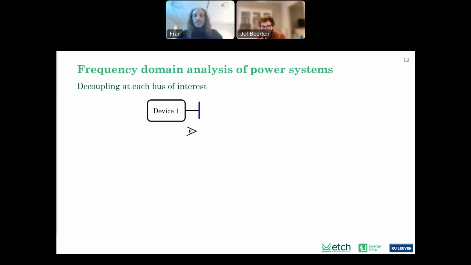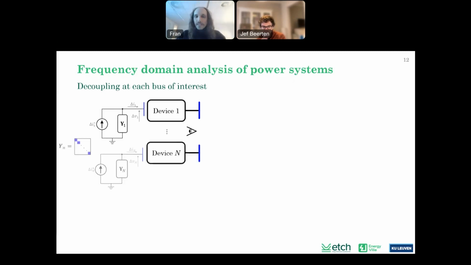And this perturbation is applied after the system is decoupled from the rest of the subsystems. So you can imagine that we are looking at this device standalone from its connection point, or whatever bus of interest. And we can represent it by its admittance. It's what we were using before, the relationship between voltages and currents. We can do this not for one device, but for many devices.